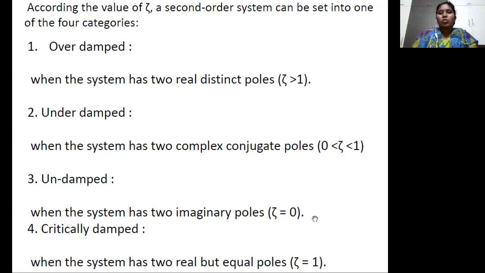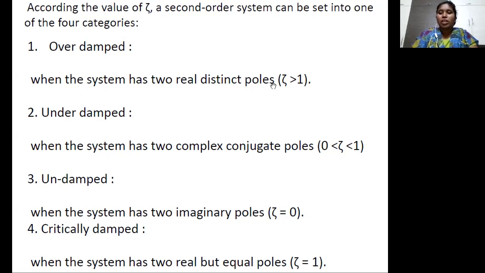If the value of zeta is greater than 1, that means the system has two real distinct poles, then we say the system is an over damped system. See here, in the first case, in the over damped system, when the system has two real distinct poles, that means zeta is greater than 1, the system is said to be an over damped system.